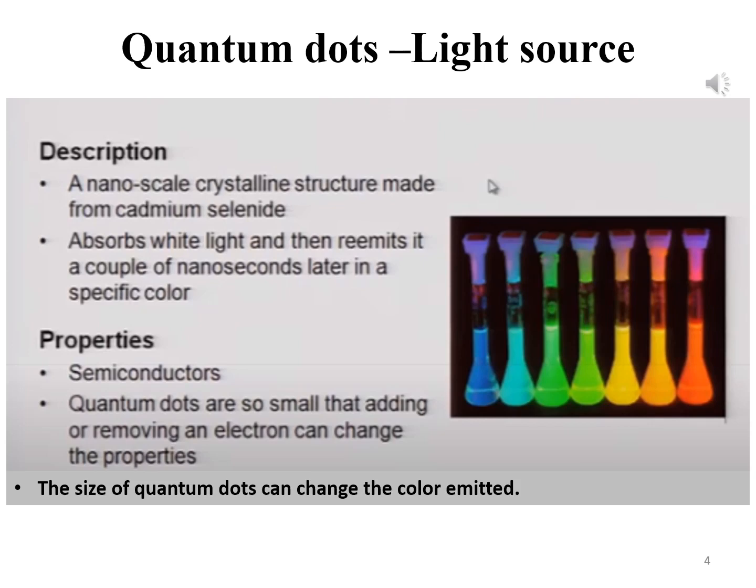In this figure you can see different colors of solutions of cadmium selenide, which is a semiconductor.